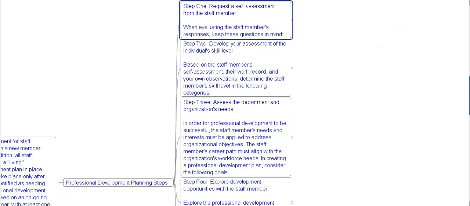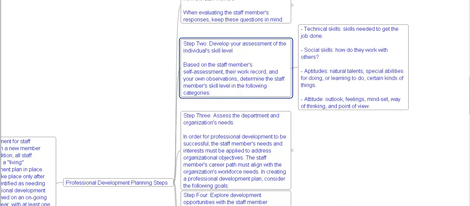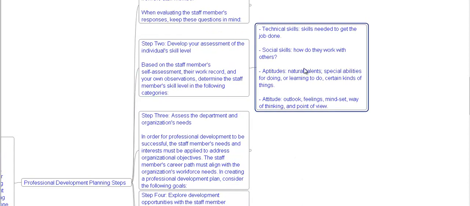Step 2. Develop your assessment of the individual's skill level based on the staff member's self-assessment, their work record, and your own observation, determining the staff member's skill level in the following categories. Technical skills, skills needed to get the job done.